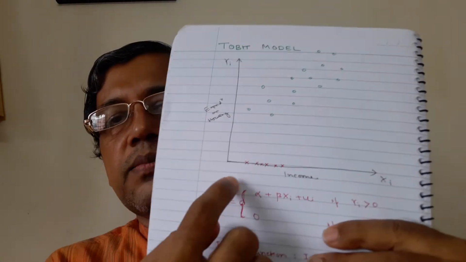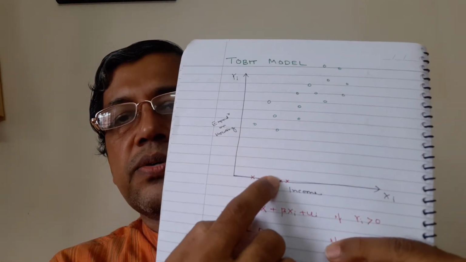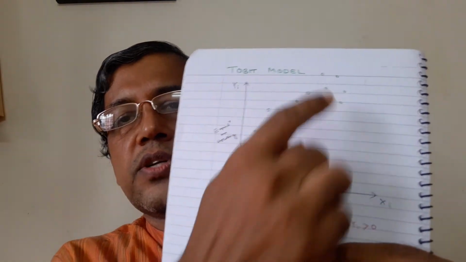Now if we apply the standard multiple regression model, which we discussed in an earlier part of our course, to this type of problem, we encounter some serious problems. Looking at the scatter plots, for some observations the y value is 0, for some observations the y value is non-zero.